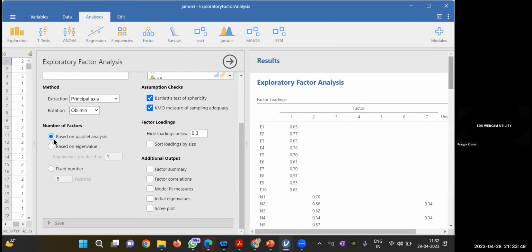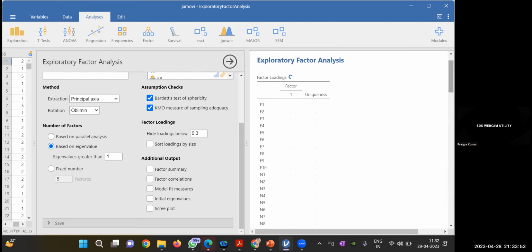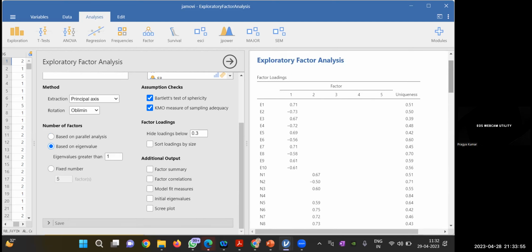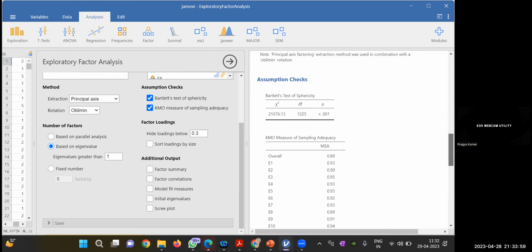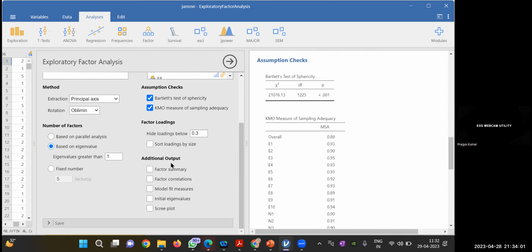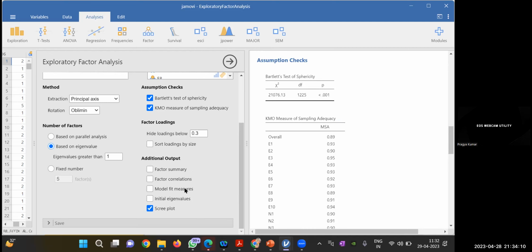But why am I not just basing it on eigenvalue? If you come to this plot, you can see there is a scree plot here. And then there are model fit, I'm not going into that right now, but these factor correlations are important.